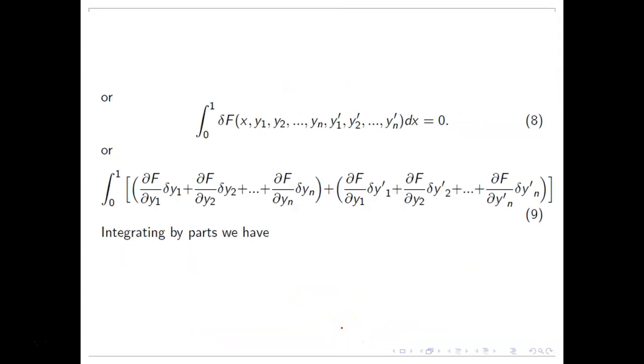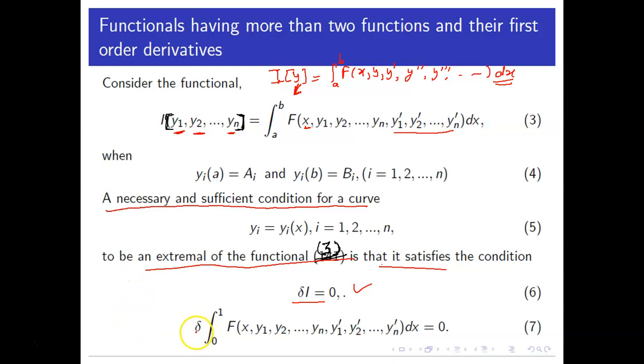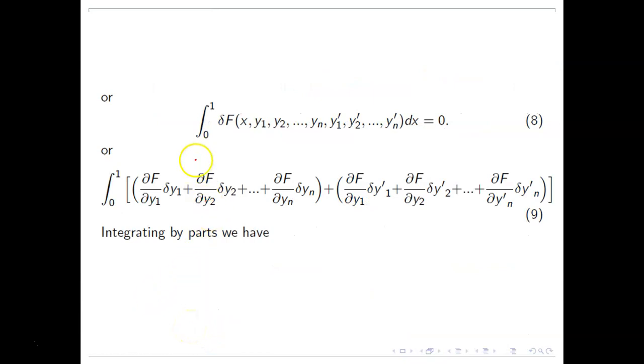Now if you simplify this, we know that the variation is commutative with the integral. You can take del inside and the integral outside, so it reduces to this form. When you simplify, we get this type of equation. From these equations we integrate these terms by parts, one by one.